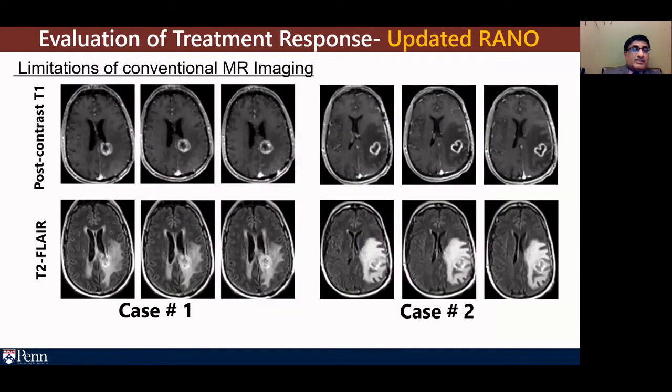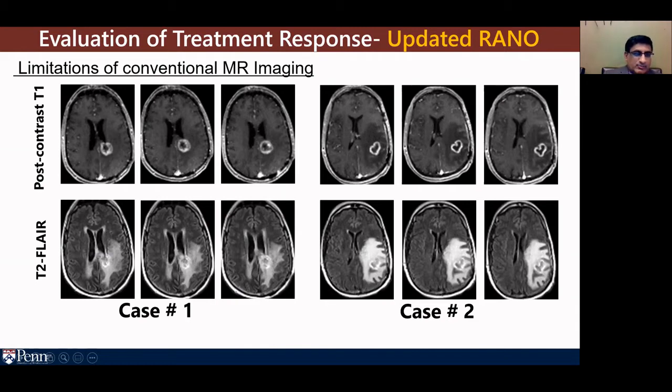Okay, but there are some limitations associated with conventional imaging. The updated RANO criteria is not highly reliable, and there are some pitfalls and limitations. I'm showing you two cases here: the upper row shows the post-contrast T1-weighted images, and the bottom row shows the T2-FLAIR images.